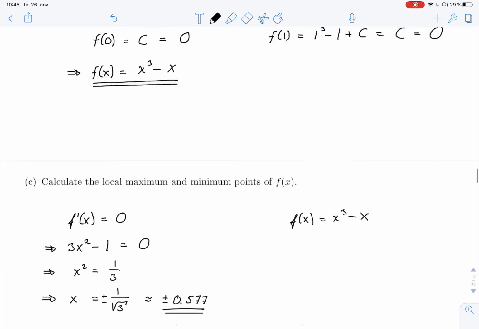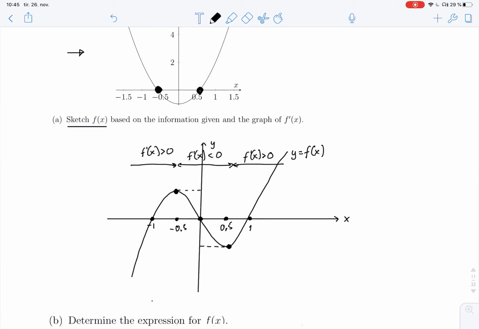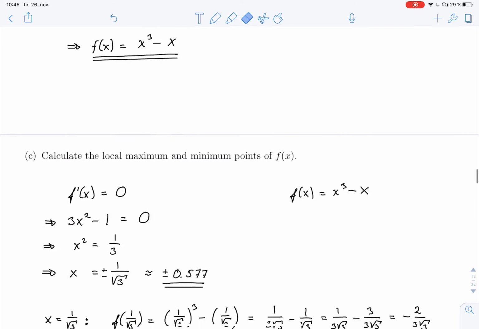And you see that you have this situation here. Here it's concave down, and then it's concave up. So that's good.